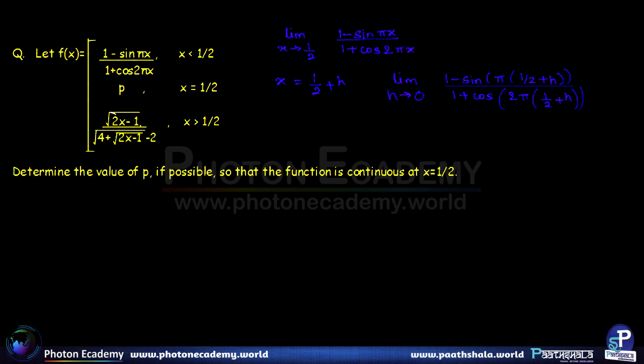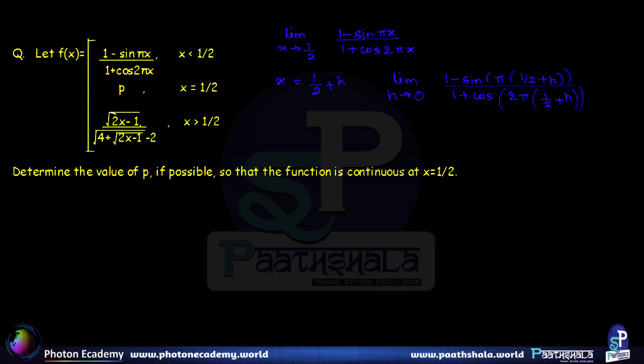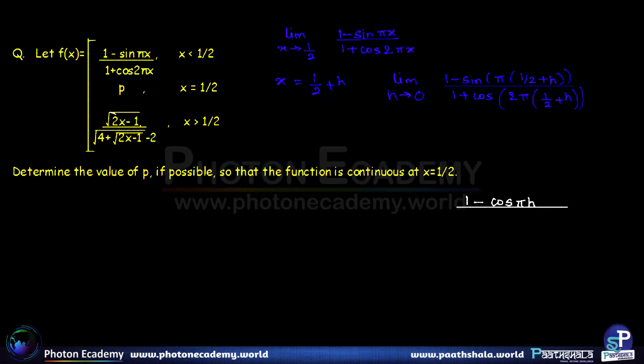Now if you observe this term, it is basically sine of (pi by 2 plus pi h). We know that sine of (pi by 2 plus theta) is cos theta, so that will become 1 minus cos pi h, and divide that by 1 plus.